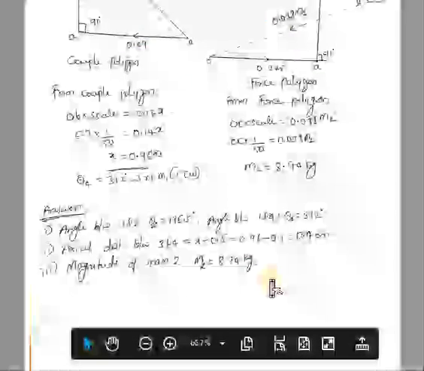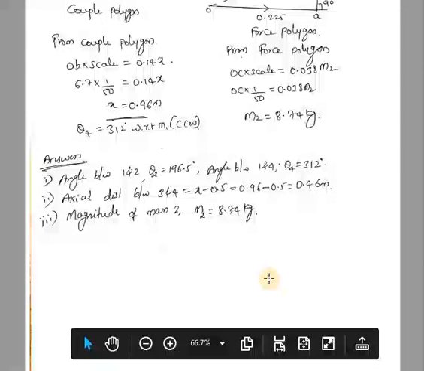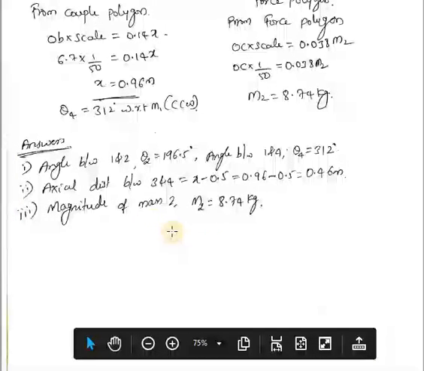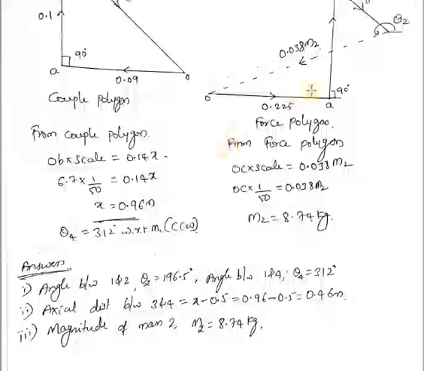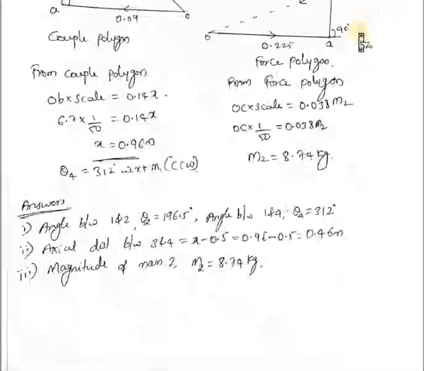So finally we have found the angle between 1 and 2 as theta 2 equals 196 degrees, and the angle between 1 and 4 is 312 degrees. This 196 you need to measure from the force polygon with respect to the horizontal plane.